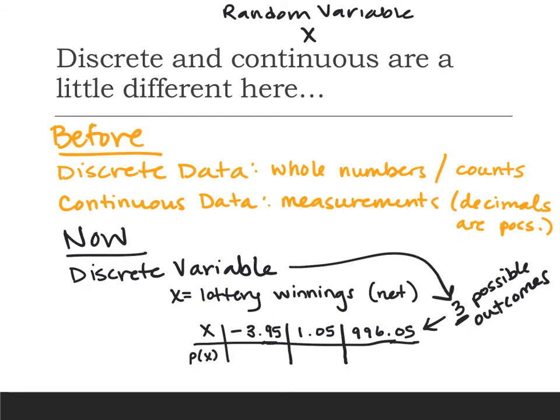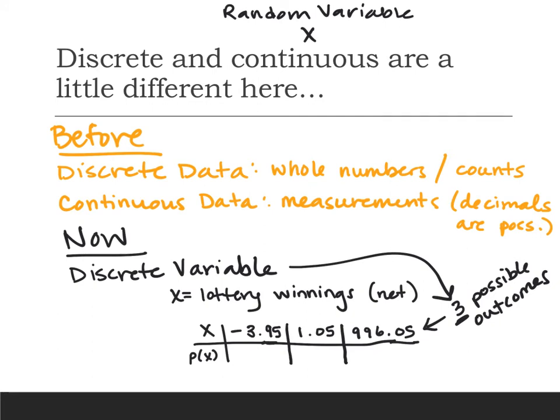So hopefully that makes sense. A discrete random variable has a set number of values. Not that you can't have a decimal as your x value. So whatever your random variable is, your variable could be anything.